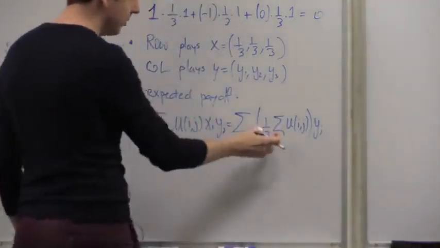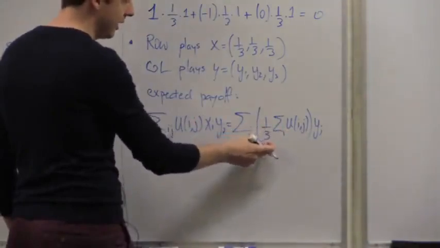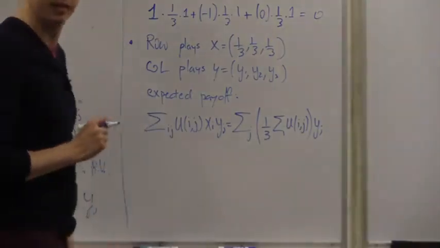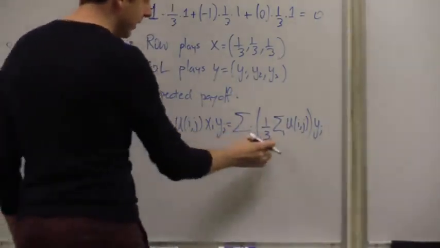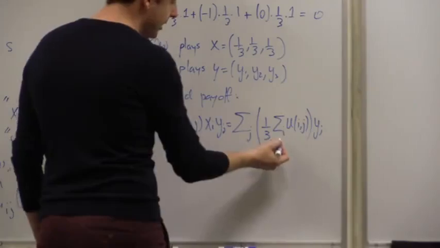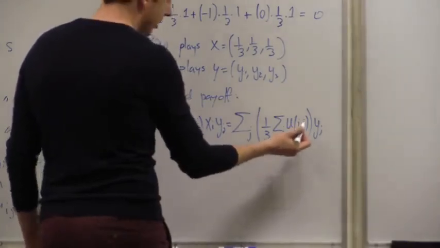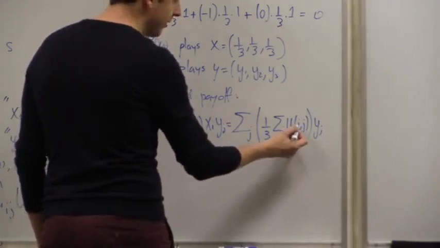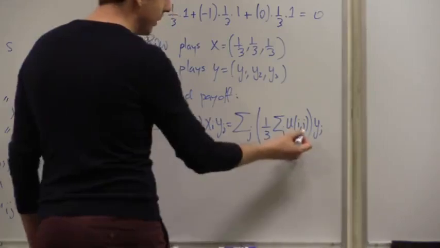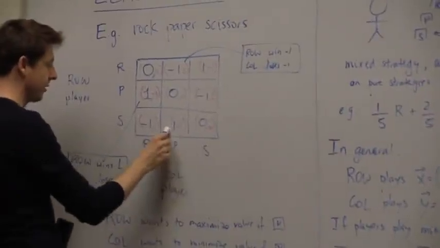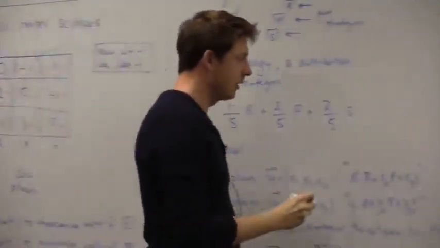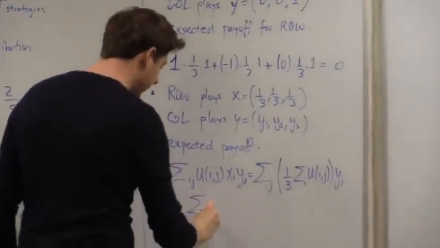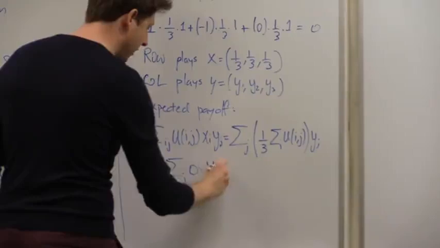So basically I'm just saying, look, all of the x_i are the same, those are a third, and I'm just bunching together all of the values over i. But notice that this is just saying, consider the average of column j, because I'm summing over i and then dividing by 3. But for any column j, whether it is this column or this column, the average is always 0. So this means that I'm summing 0 times y_j, which is 0.